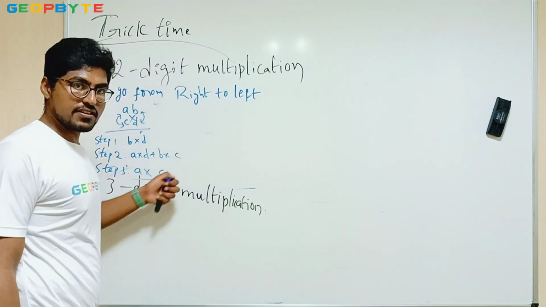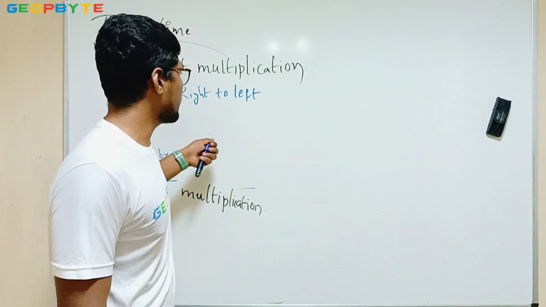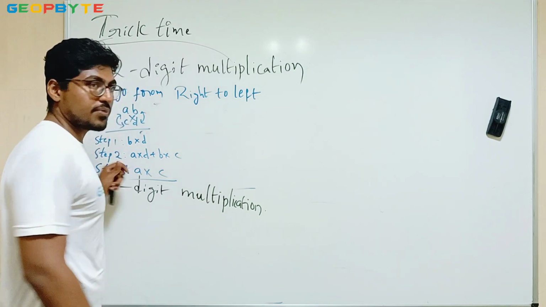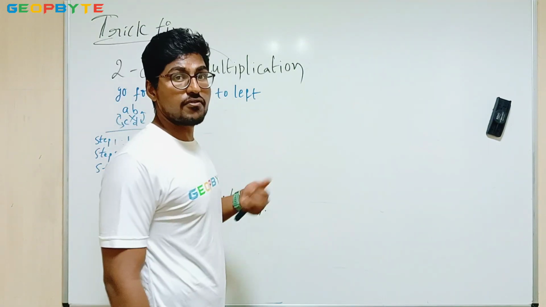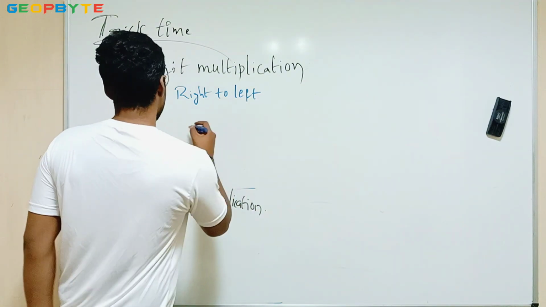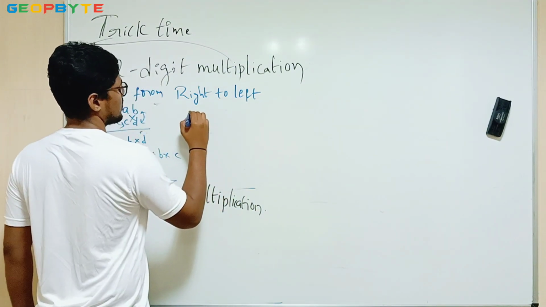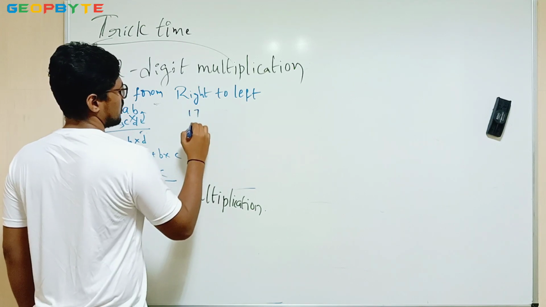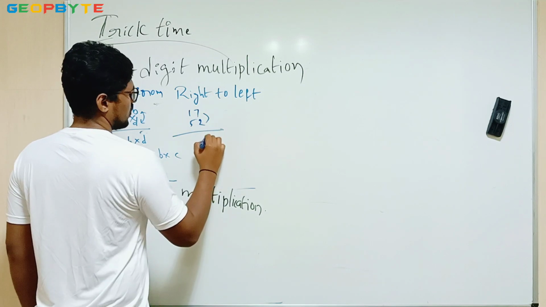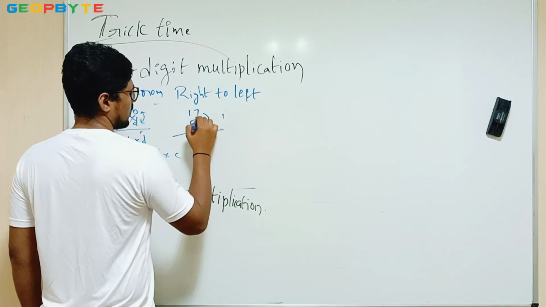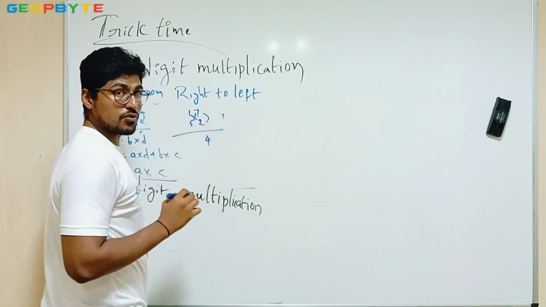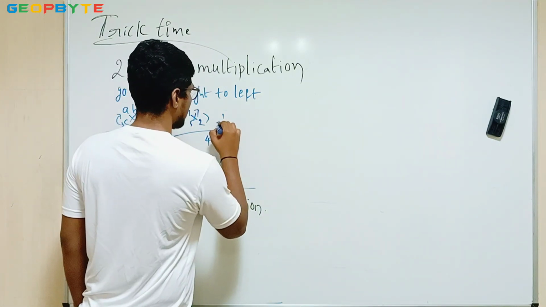And you have to follow this again and again. If you are used to the steps of this process, it is going to be very easy for you. So you don't have to do much. Like that you do that. Something like 17 and 52: 7 into 2 is 14, 1 is the carry; then 1 into 2 plus 7 into 5 is 2 plus 35, 37.